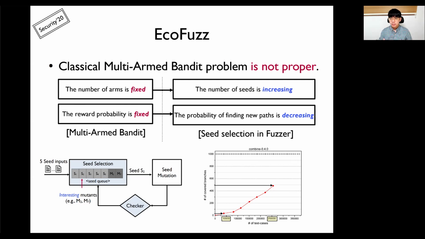So the probability of covering new branches will decrease the more test cases we execute. That is, the probability of finding new paths should decrease when testing real-world programs.